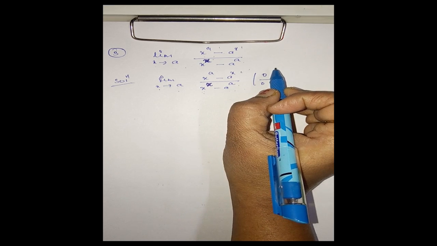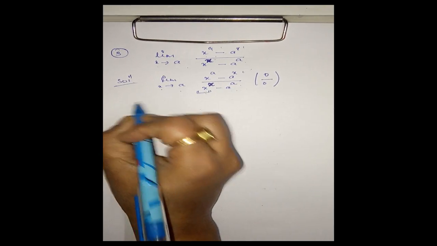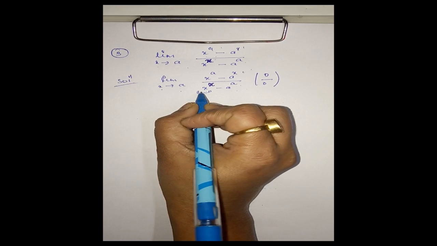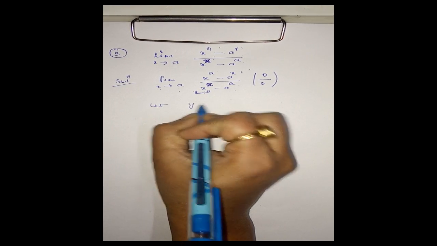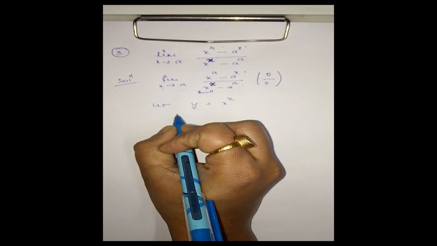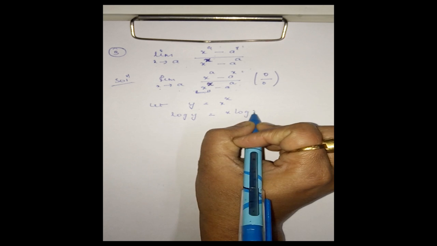We have to apply L'Hopital rule. First, we will differentiate this. Let us separately differentiate this. Let y be equal to x power x. Taking log both sides, we get log y is equal to x log x.